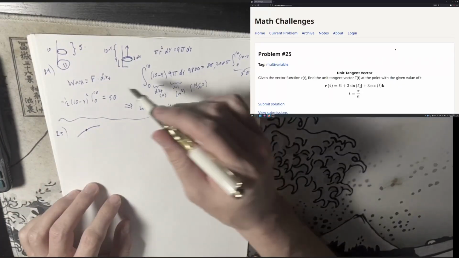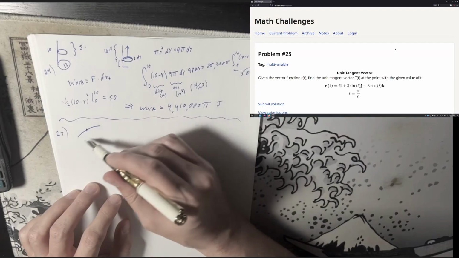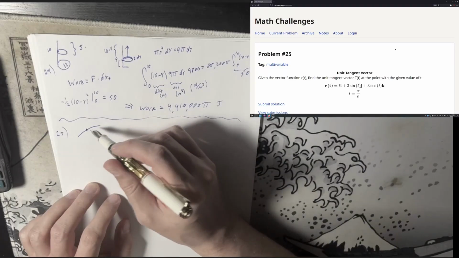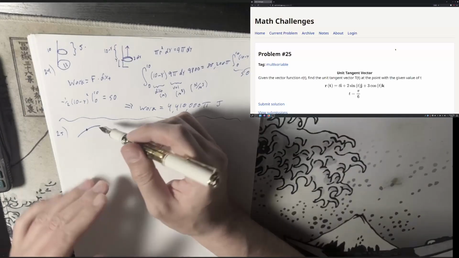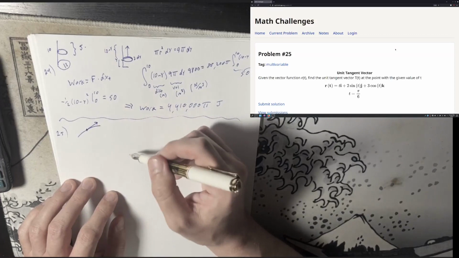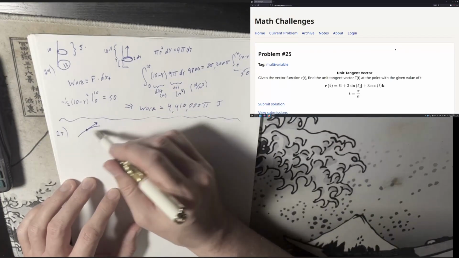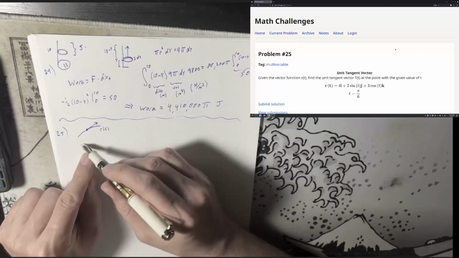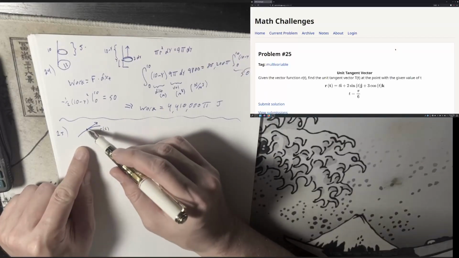It's like moving around. So here's our little position. You think of it as like a particle or something moving around. But at every moment, there's a tangent line that tells you the direction that we're moving.